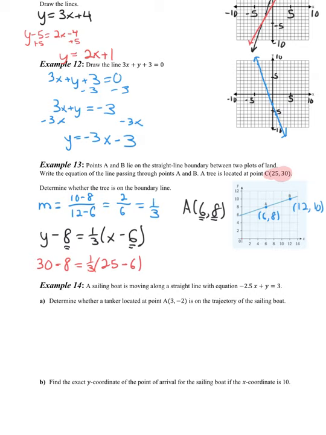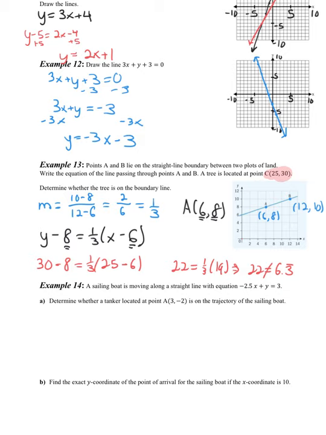And I end up getting, let's see, 30 minus 8 is 22. And then on the other side, I get 25 minus 6 is 19, so I get 1/3 of 19, which is like 6 1/3. So 22 is equal to 6 1/3, which is not true.